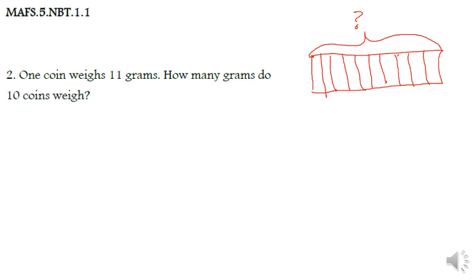And it says each one weighs 11 grams. Okay, so now if one coin weighs 11 grams times 10 coins, I know 11 times 10 is going to give me 110 grams. So this would be 110 grams.